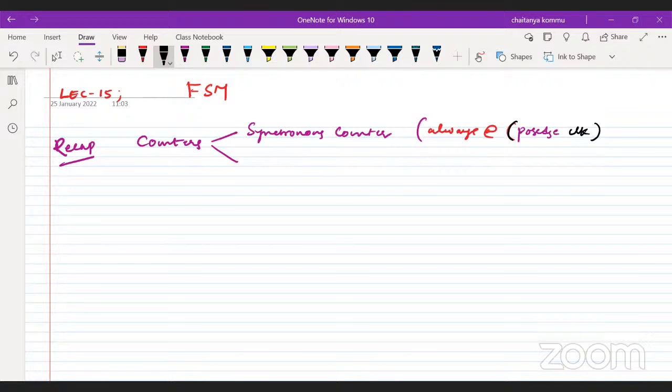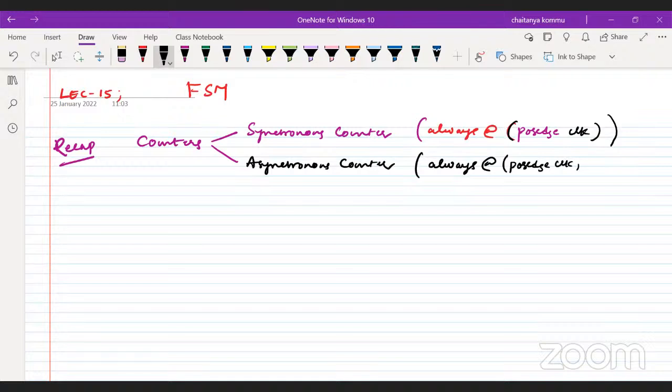In the case of an asynchronous counter, which means the clock is asynchronous to the reset signal, there we have to use the positive edge of the clock as well as the positive edge of RST. So this is also involved in this one. I hope the point is clear to everyone.